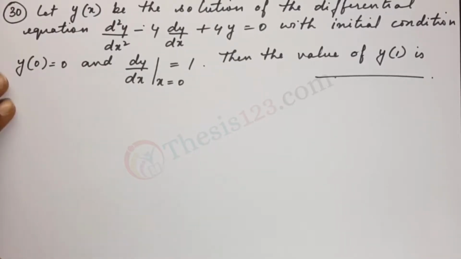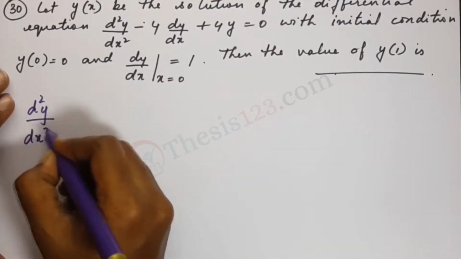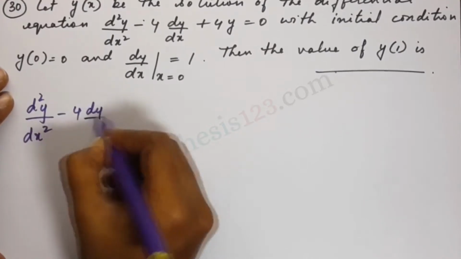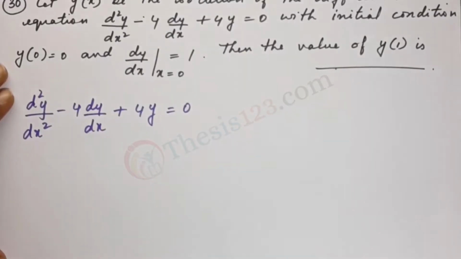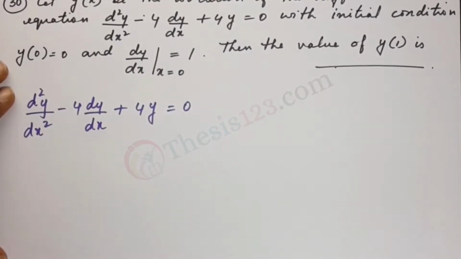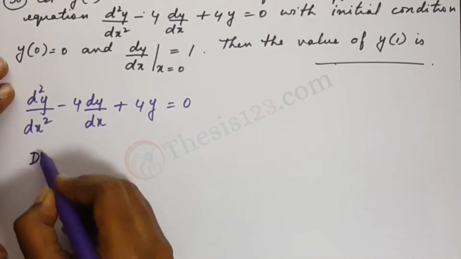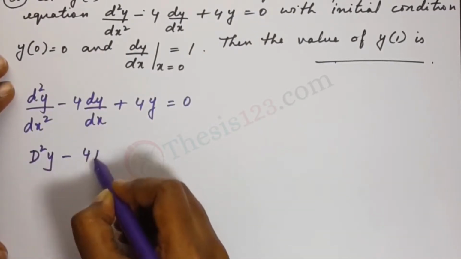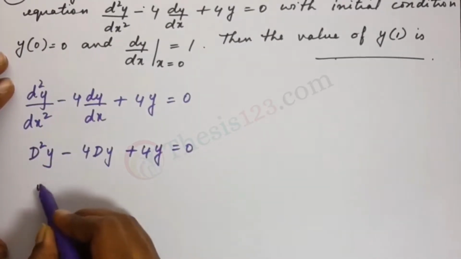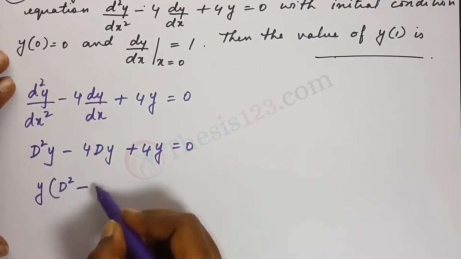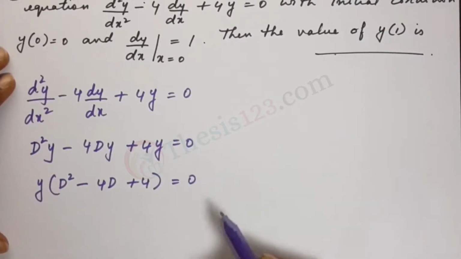So let's start with the differential equation given to us. d square y by dx square minus 4 dy by dx plus 4y is equal to 0. So let's write this in terms of the auxiliary equation. We will have d square y minus 4 dy plus 4y is equal to 0, and the auxiliary equation becomes d square minus 4d plus 4 is equal to 0.